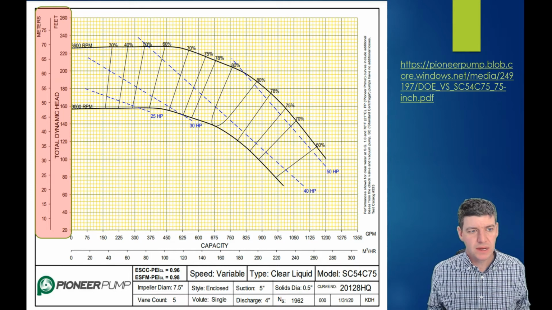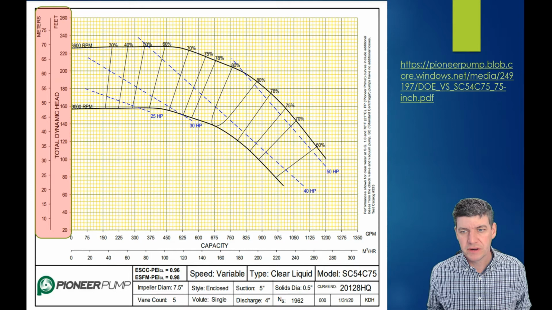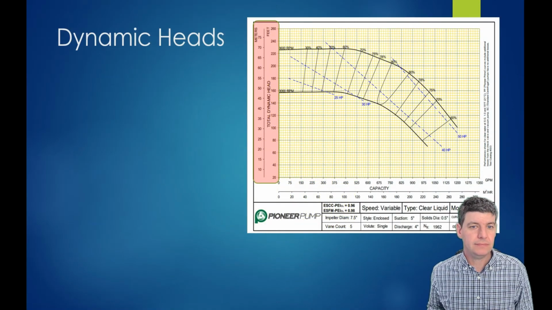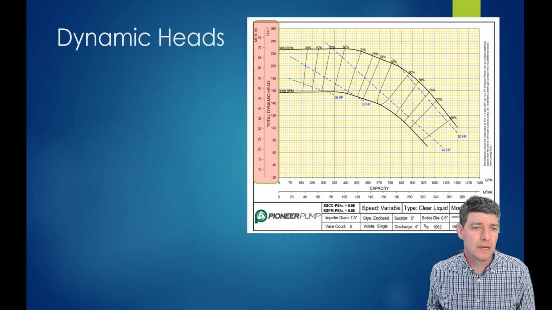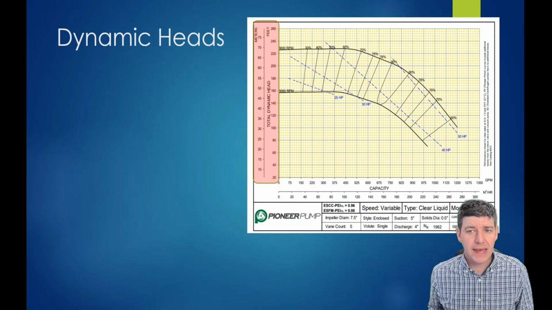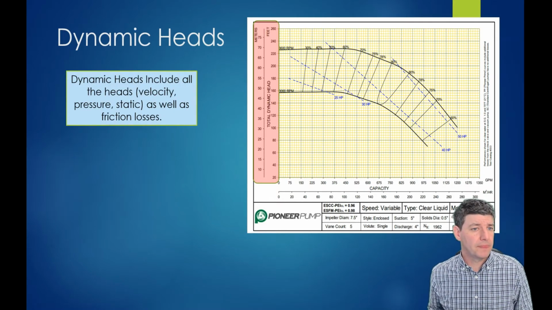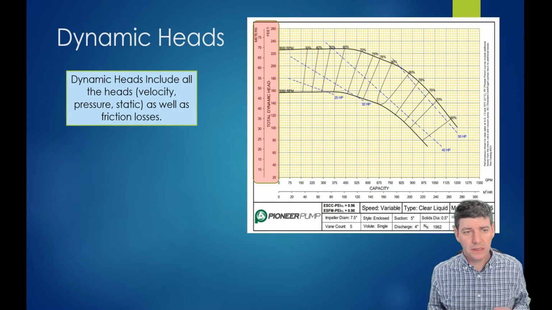And I guess we have to start figuring out what some of these definitions would be for different heads that we may see. So when we talk about dynamic heads, they are going to include all of the heads. So we've talked about velocity, pressure, and static heads, as well as accounting for any losses in our system.